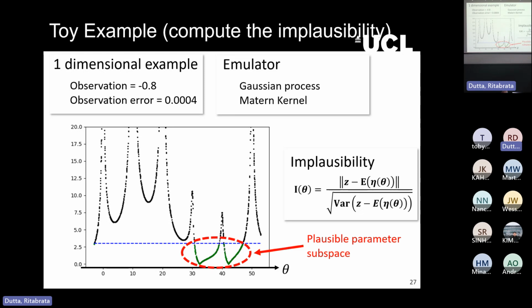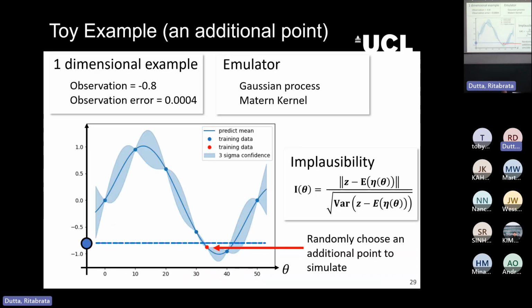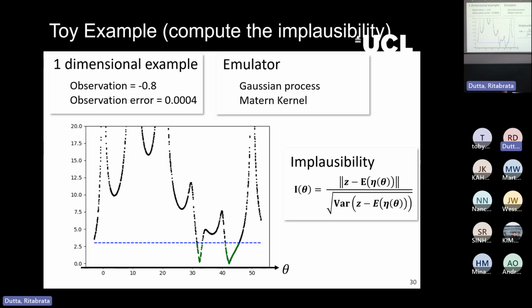You can repeat this procedure several times. For example, you can choose an additional data point from this plausible parameter subspace and run your simulation one more time, and then you can again create your emulator based on 7 simulation outputs. But this time, the uncertainty becomes smaller because you have your additional data point, and the implausibility shape is changed.